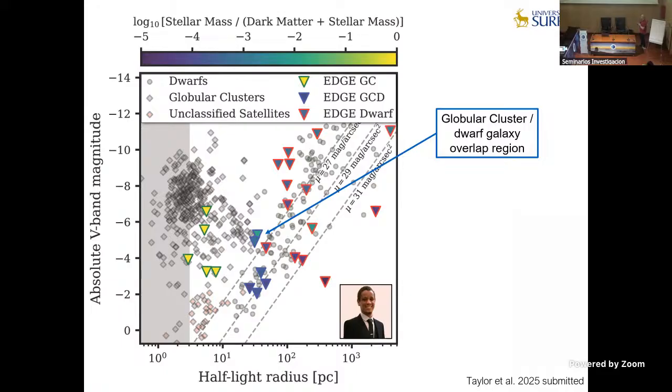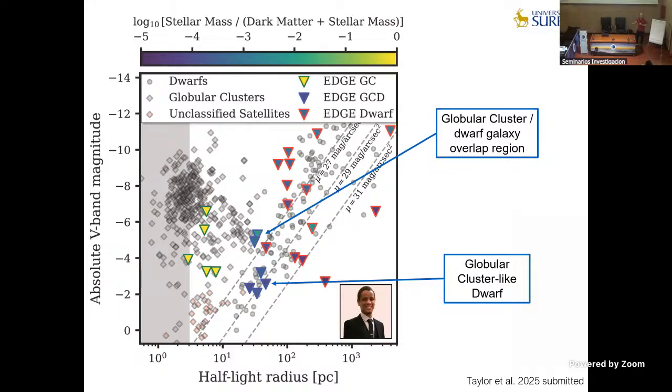So maybe some objects here are in fact dark matter rich, and we might want to think a bit more carefully about how we do that separation. But I'm also going to try and convince you that these objects down here are not just an extension of the more massive dwarf galaxies, but a new class of objects in their own right that we call globular cluster-like dwarfs.